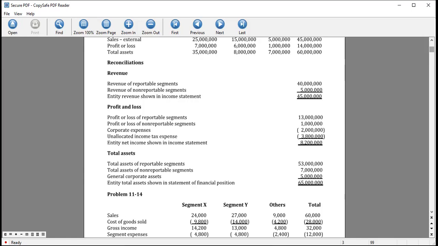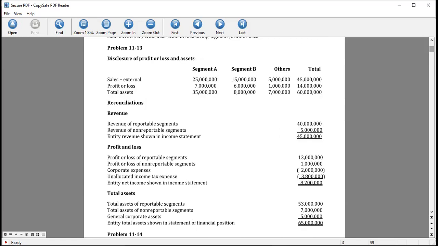So we have now the necessary disclosures of profit or loss in assets. So for segment A and segment B, segment A 25, segment B 15, and others 5.